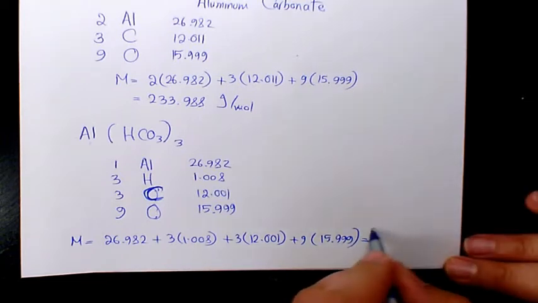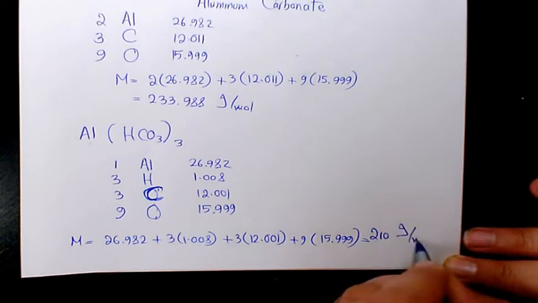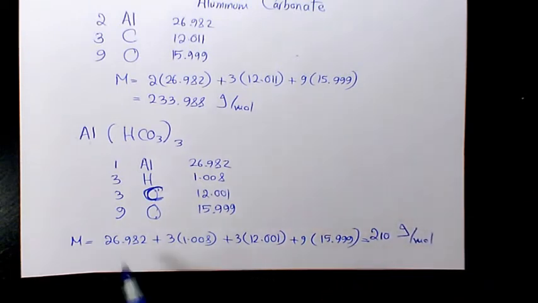That's going to be 210 grams per mole. So just take a look in here, see if everything is correct. Yeah, looks like everything is correct. So 210 grams per mole means that 1 mole of aluminum bicarbonate is equivalent to 210 grams.